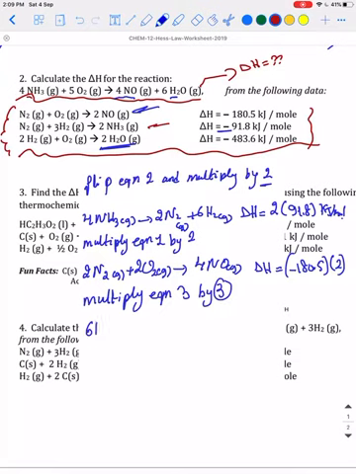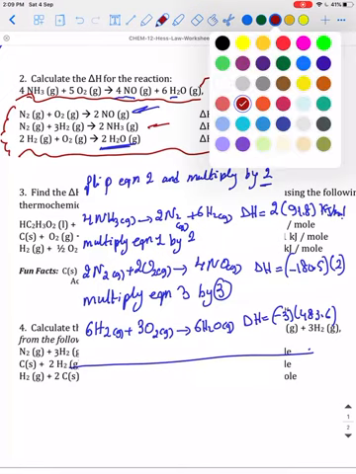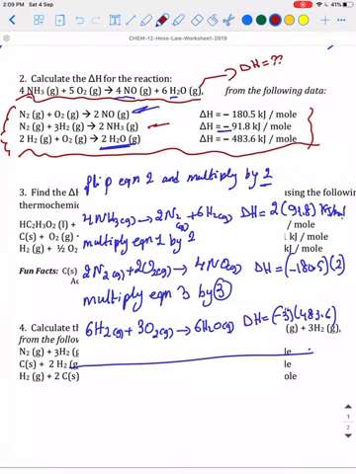So it will be 6 hydrogen gas plus 3 oxygen gas to give me 6 molecules of water. Because I multiplied it by 3, delta H will also be multiplied by 3. So minus 3 times 483.6. Now the summation of these should give me the equation of my interest. I will prove it for you.